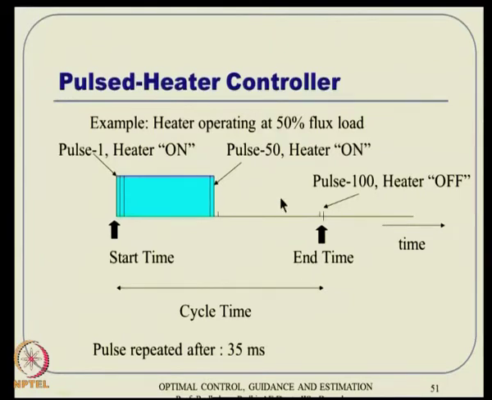There are also issues in a control implementation sense, because you can always give heat input, you can heat it up, but when necessary you cannot cool it down. There was no cooling mechanism really. Also, if you want something like 50% of the flux load, where some maximum excitation is there, how do you implement it? It may not be feasible.